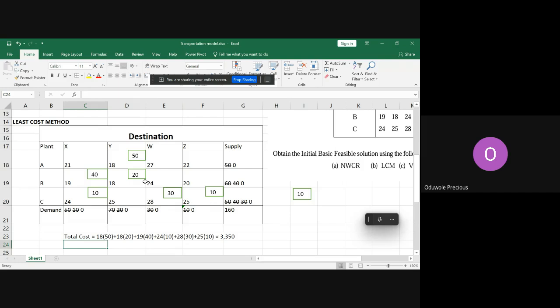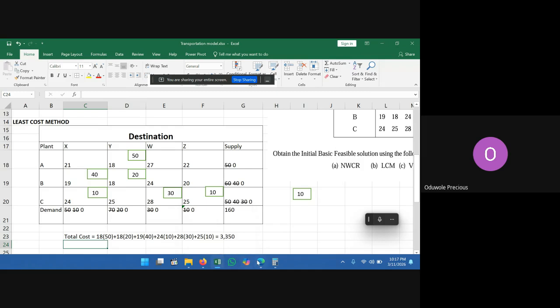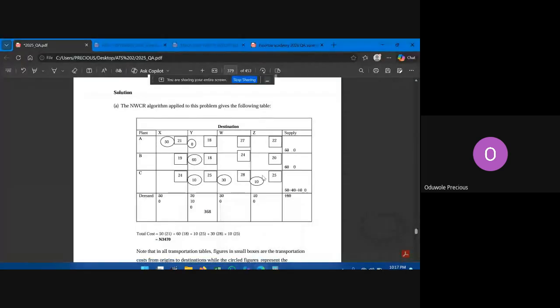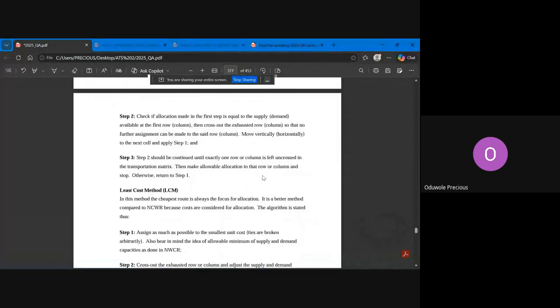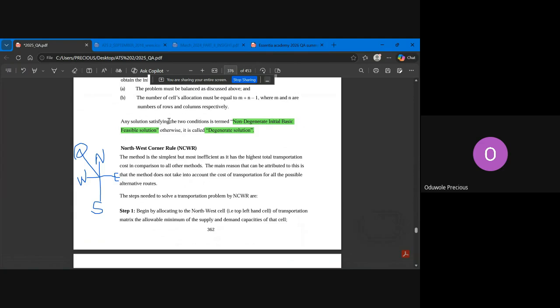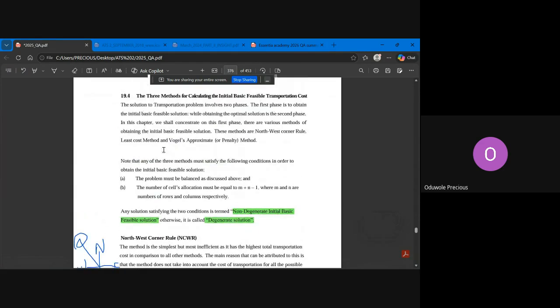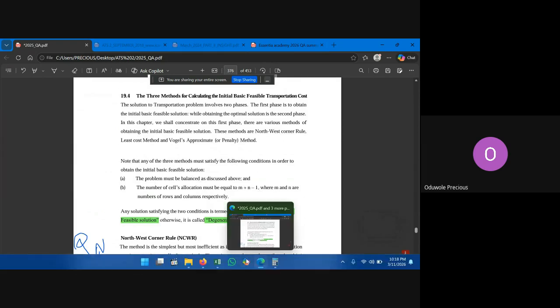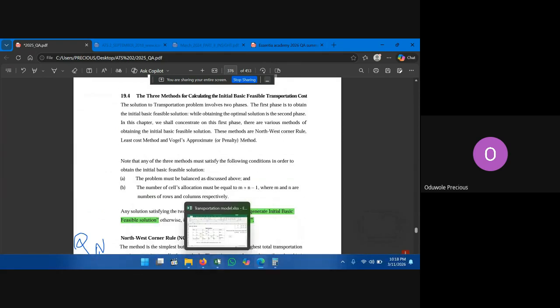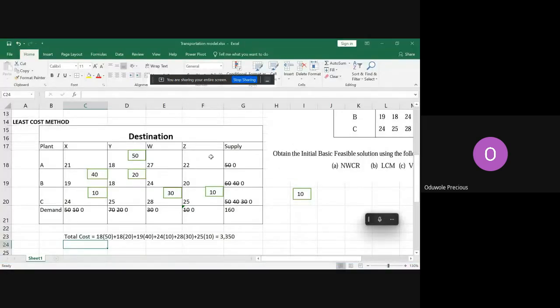If you check what I explained to you before, if the two conditions are satisfied, it is non-degenerate. So that second one that we did is non-degenerate. N plus one minus n plus n minus one. So rows and columns, 4 plus 3, 7 minus 1, that's 6, right?